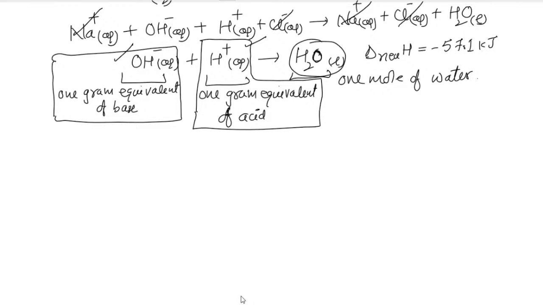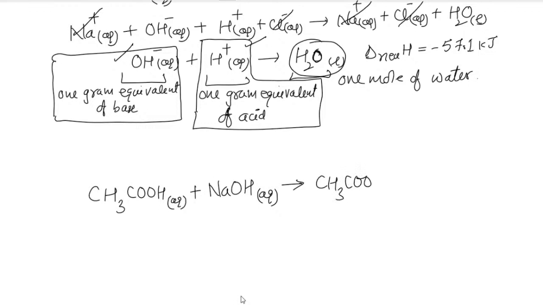Now, let us say we have acetic acid, and it is treated with sodium hydroxide. 1 gram equivalent of acetic acid, 1 gram equivalent of sodium hydroxide. Now tell me, in this case we have weak acid and strong base.